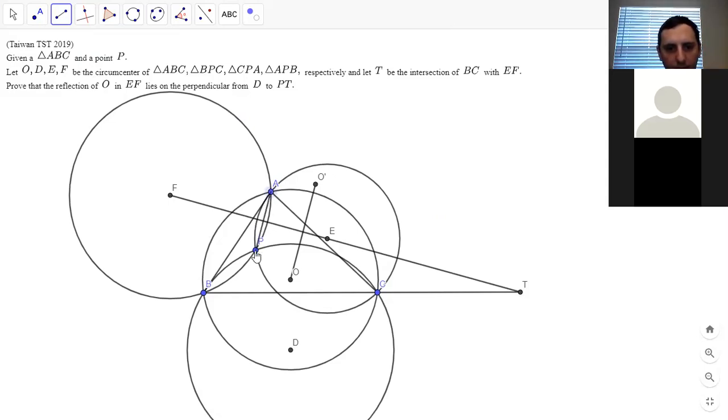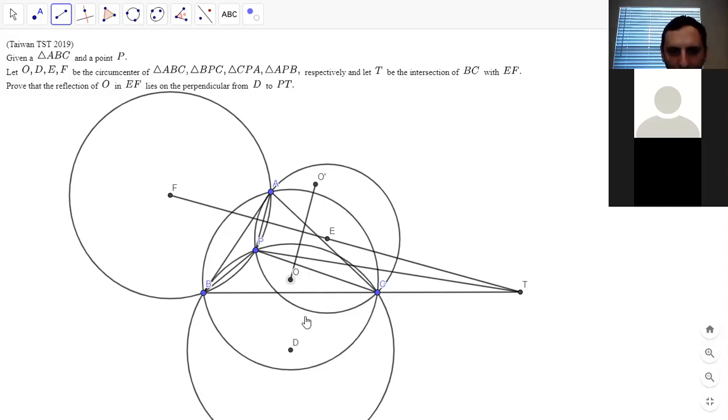I might as well draw these 3 segments. Okay, so we want to show that O prime D is perpendicular to PT.